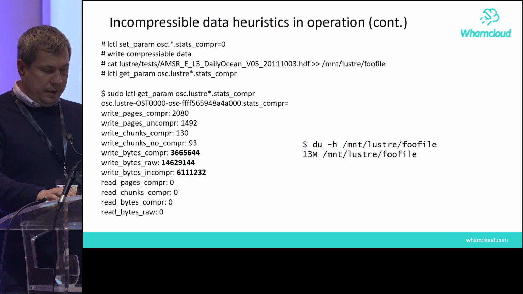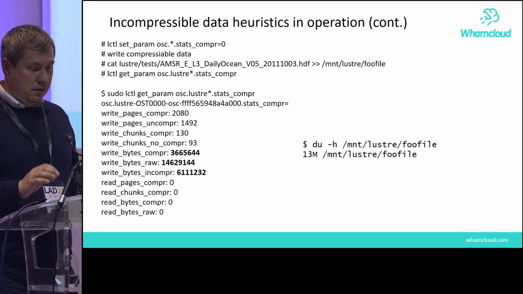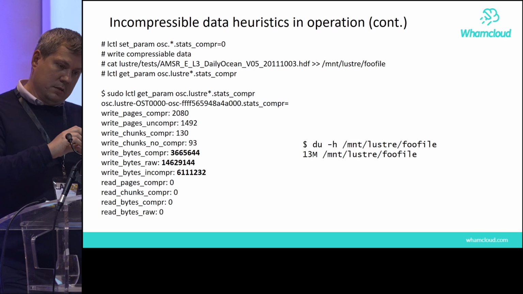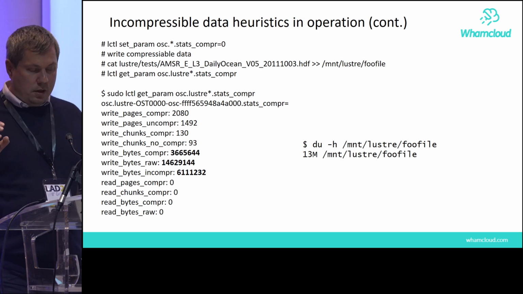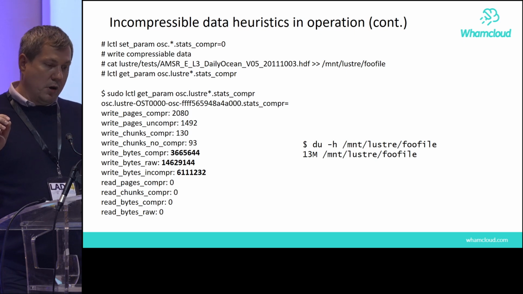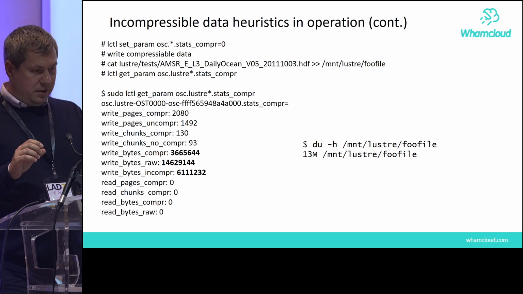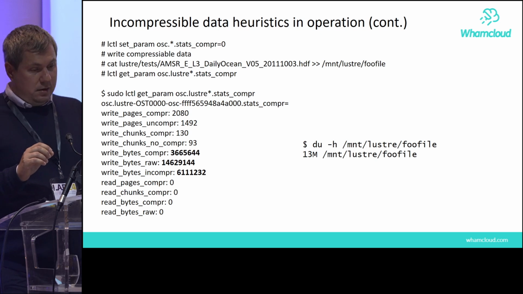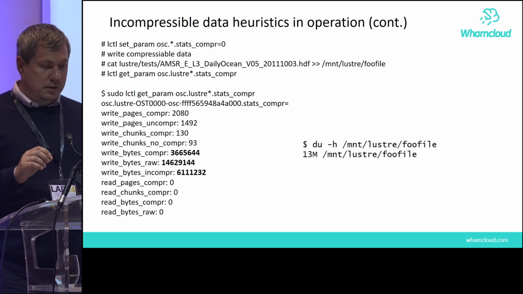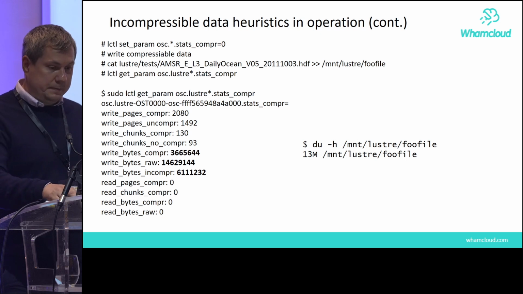Then we add compressible data to the same file, and it shows us that some data was still skipped because of the options, and then part of the file was compressed, and finally we get 13 megabytes of data.